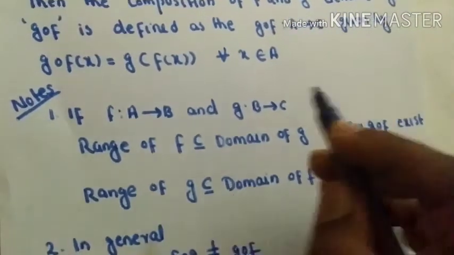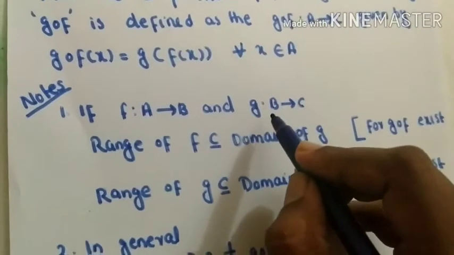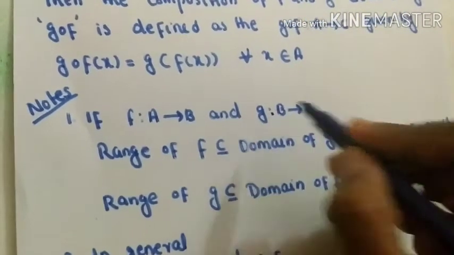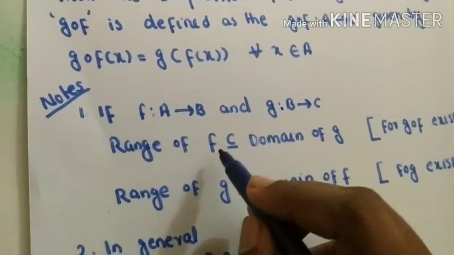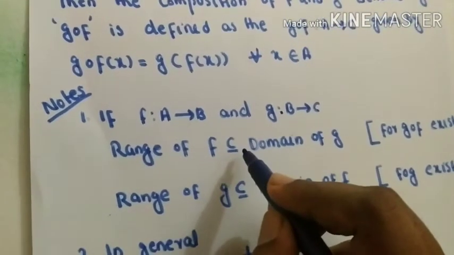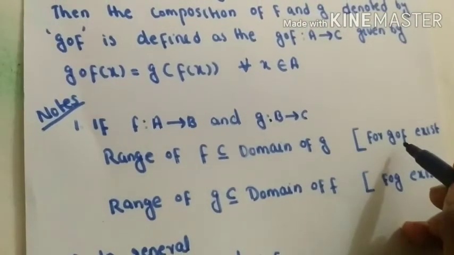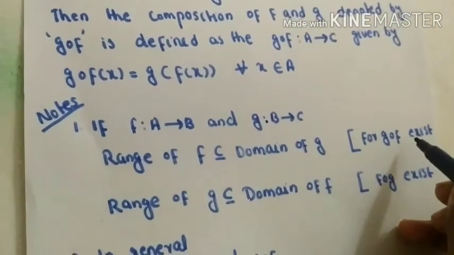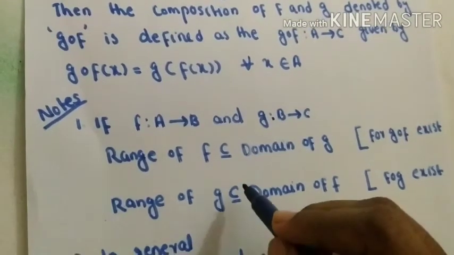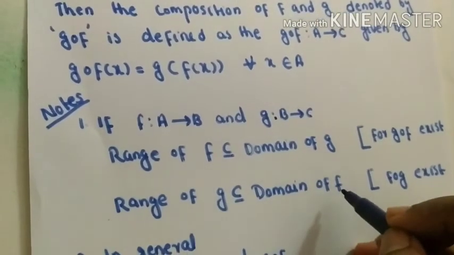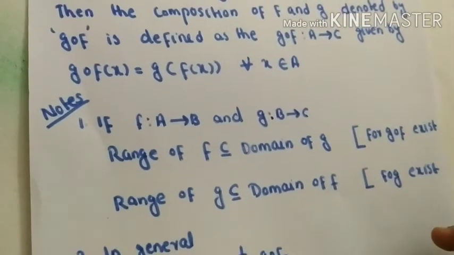First note is, if f is a function from A to B and g from B to C, the range of the first function f should be a subset of the domain of g for g of f to exist. Next one is, the range of g should be a subset of the domain of f for f of g to exist.